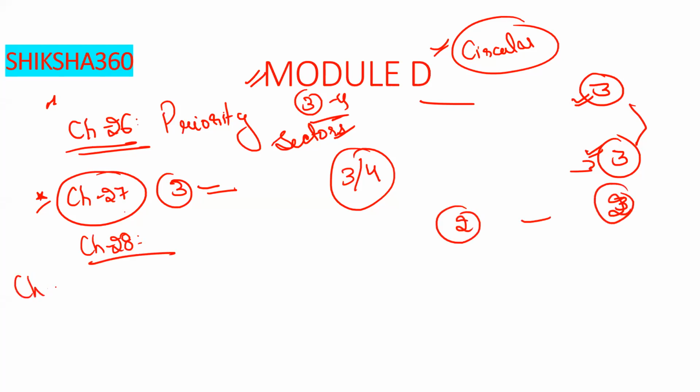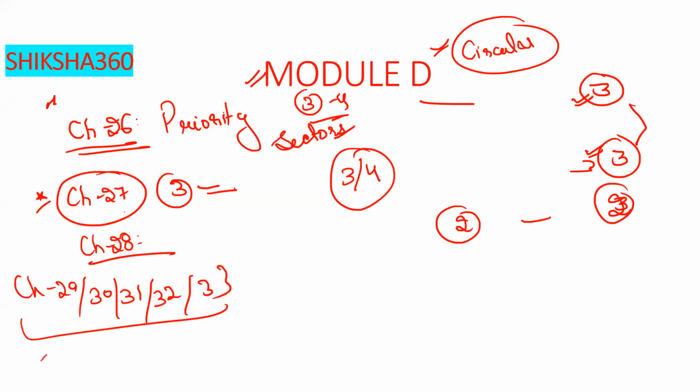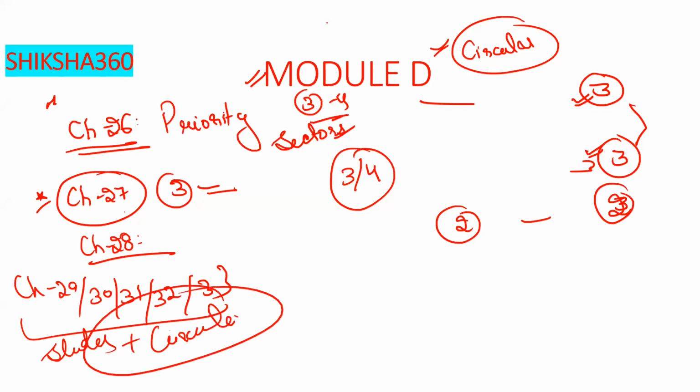And chapters number 29, 30, 31, 32, 33. I will provide you the slides plus the latest RBI circulars. These are totally understandable chapters. I will provide numerical or theoretical MCQ discussion on those topics, and you can easily score 10 marks.